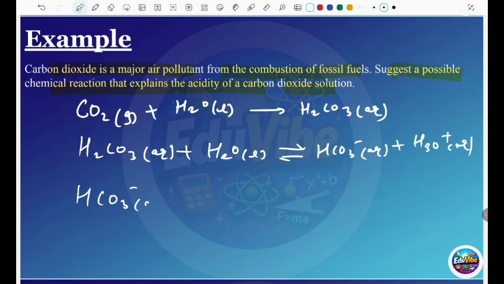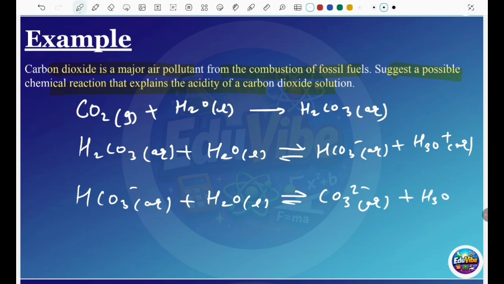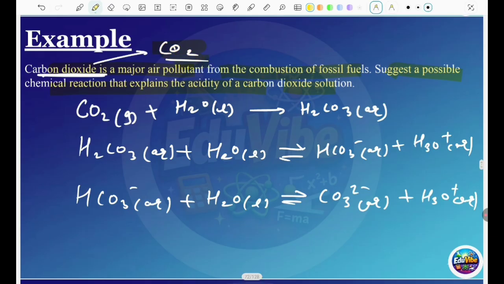Now this thing plus water and you get CO3 2 negative aqueous plus this. So that's how it works and you get the reaction. You have to just do this. This is CO2. Did you get the answer?